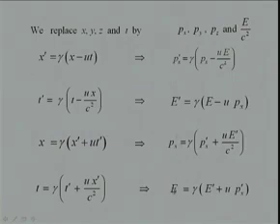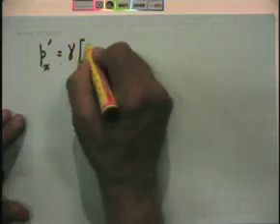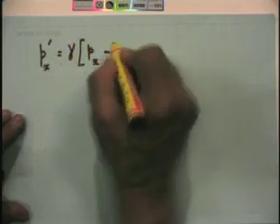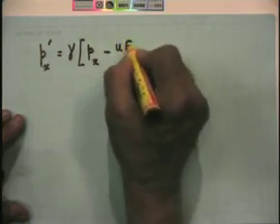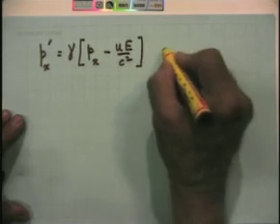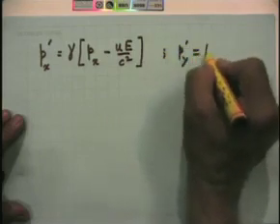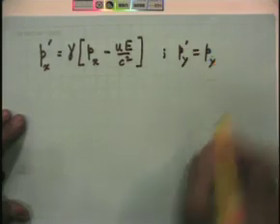Let me write down the first equation: p x prime is equal to gamma times p x minus u E by c square. And then of course p y prime is equal to p y.